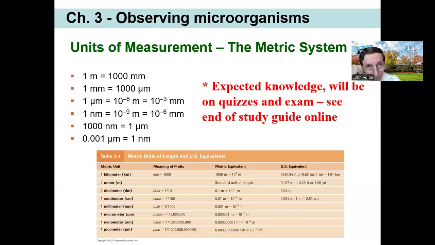I guess you should know that water freezes at 0 degrees Celsius and boils at 100 degrees Celsius. So water is actually kind of defined on the metric system. Any question about any of that?